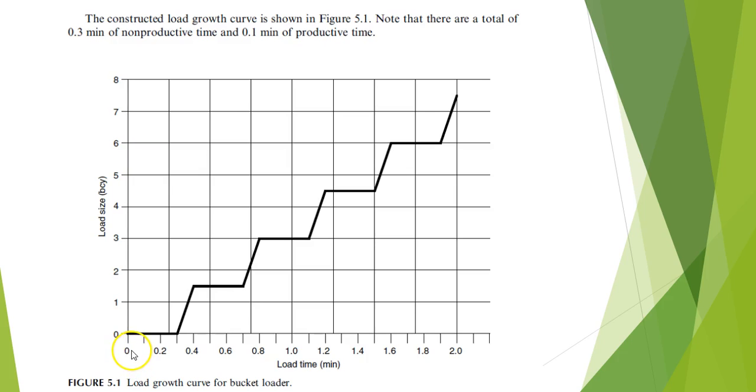So if we look at that 1.5 bank cubic yard bucket, we see that it takes 0.3 minutes, 0.1, 0.2, 0.3 of unproductive time, and then you'll see productive time appear as it goes up to the full capacity of another 0.1 minute, or a total of 0.4 minutes for that load size. This is a specific load curve for this particular piece of equipment.